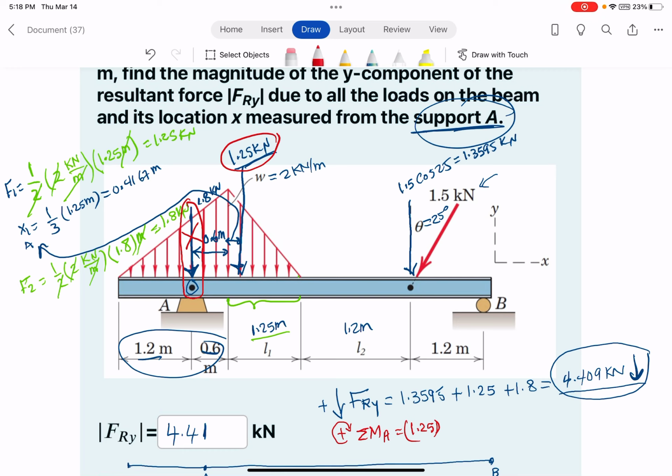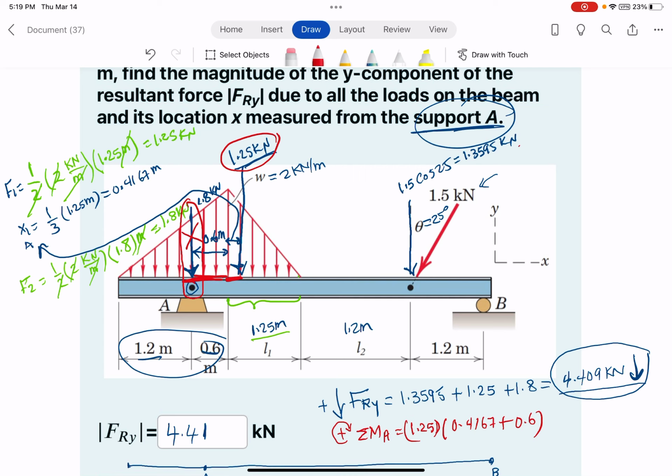You can see from here to here, this is 0.6. No, this is 0.4. From here to here, it's 0.416, and from here to here, it is 0.6. So the distance between this force and point A is 0.4167 plus 0.6. That's the moment of the first force.